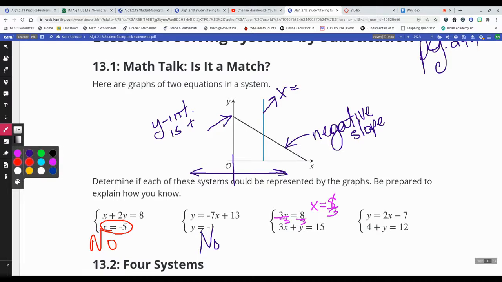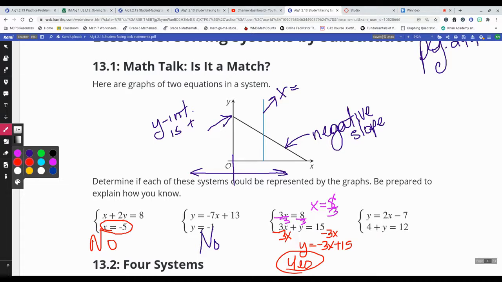All right, so I'm going to put it in slope-intercept form so that I can judge whether or not this is going to work. So that's -3x plus 15. So a positive y-intercept and negative slope. This meets all the requirements. So that is a yes.